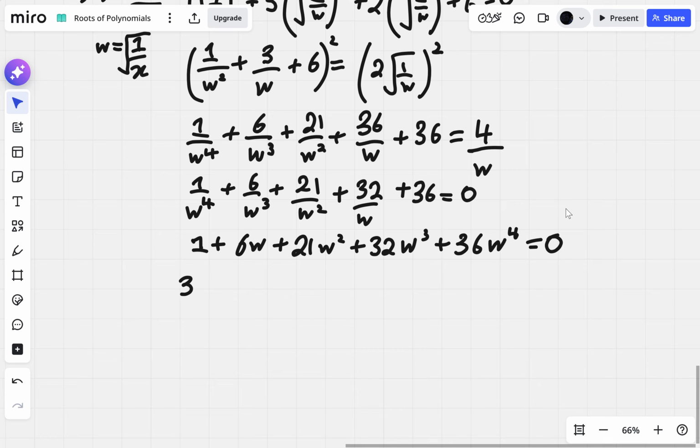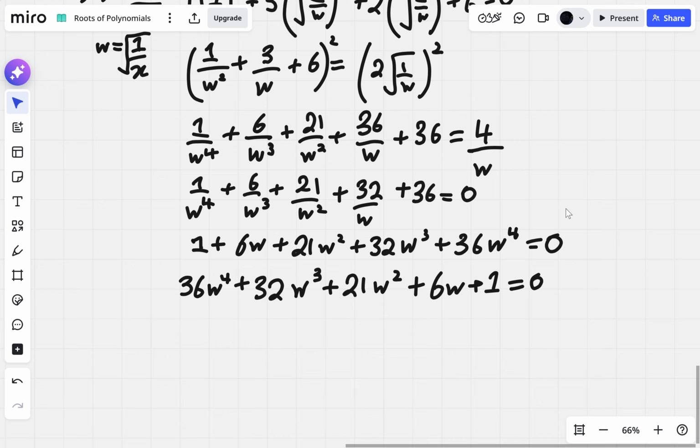You can just write it with the biggest power first, so it is easier to calculate the next parts, and you won't get confused because you have to have it in order. So this is going to be plus 21w squared, then plus 6w, and then plus 1, which will be equal to 0.